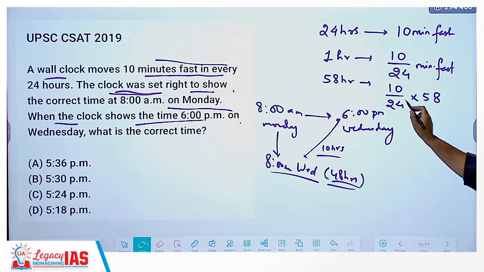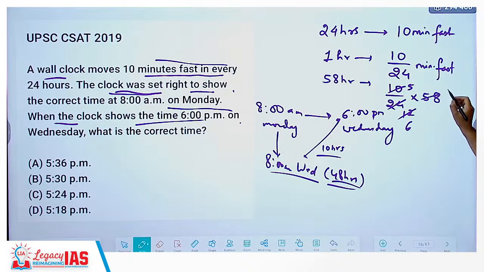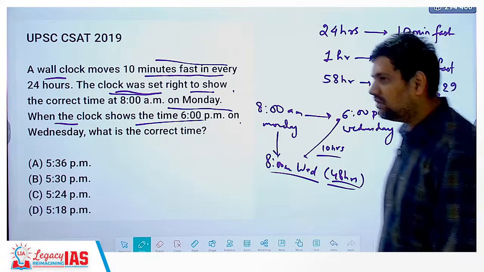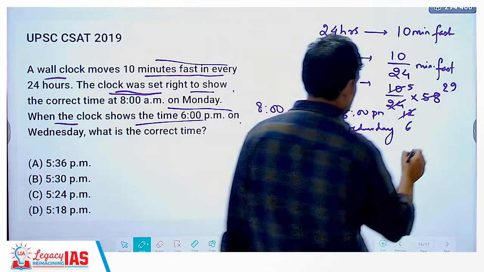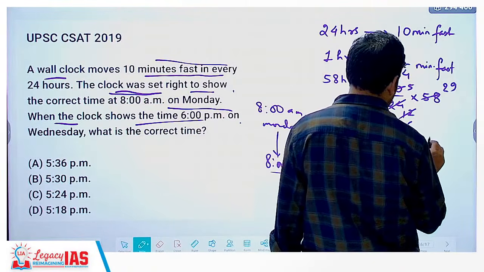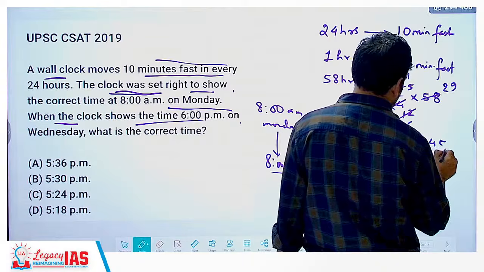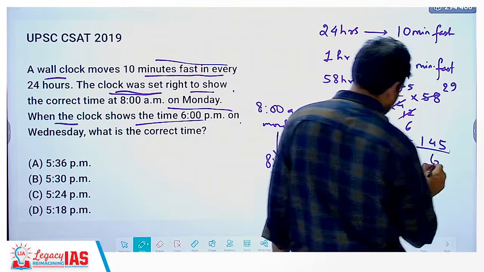You can cancel 12 times, and this goes 5 times. Then this goes 6 times, and this goes 2 times. Correct? 1 will remain with 19. With 18, it will go 9 times. Then 29 into 5. 29 into 5 is 145. So that means 145/6.